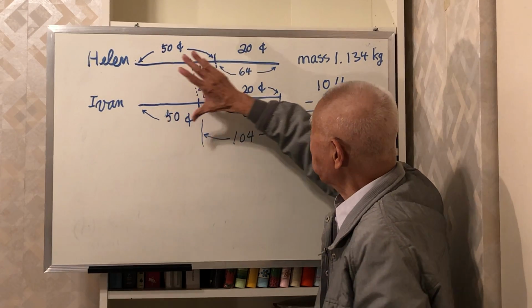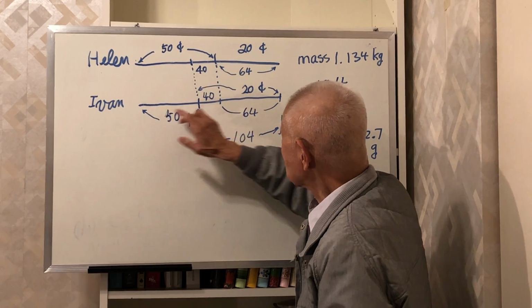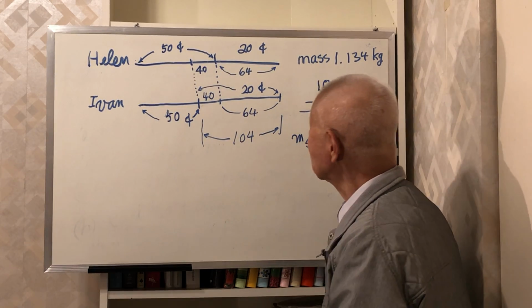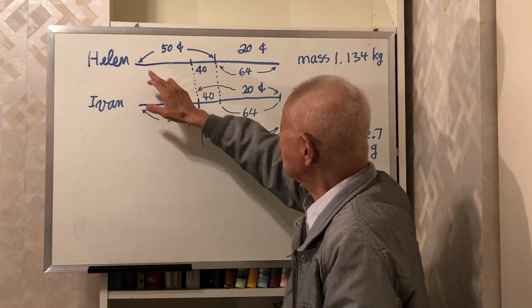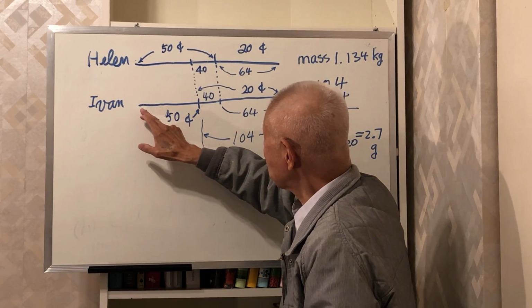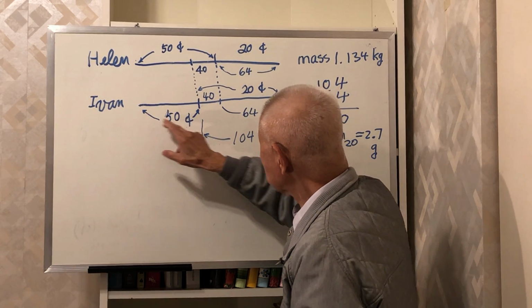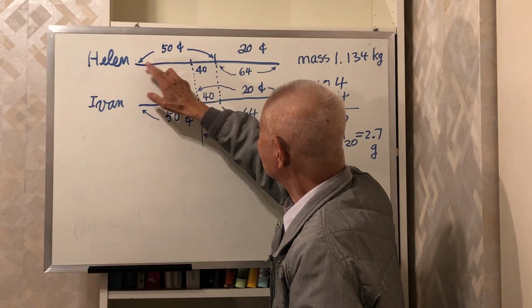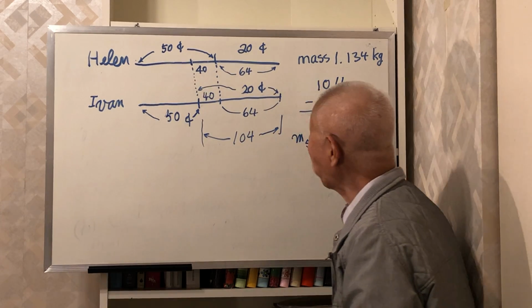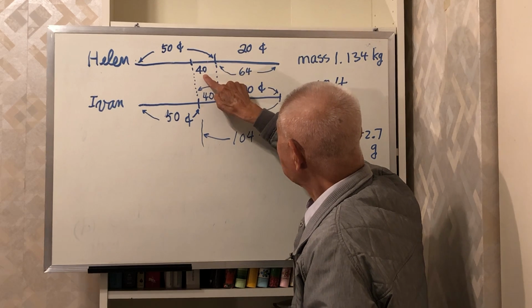Let's compare the money for this part and this part. The money from here to here is the same as the money from here to here because they are both 50 cent. But from here to here, the number is 40.